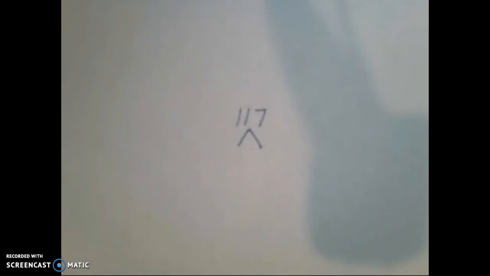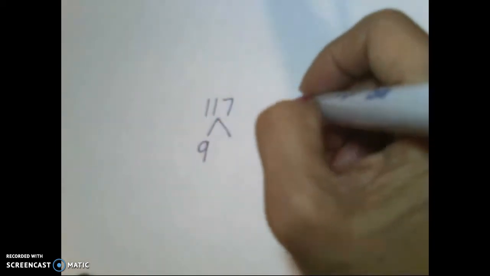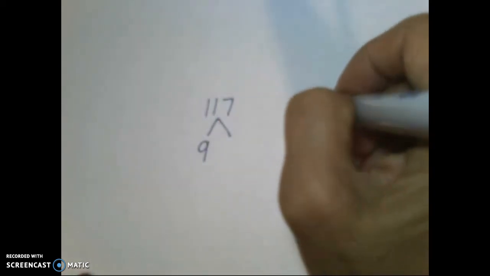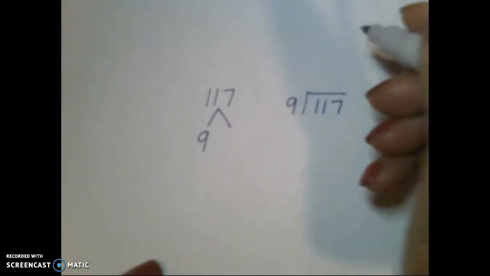It's telling you to factor, so that's your prime factor, your factor tree. I'm not really sure what numbers to use. I know that 9 is a perfect square. I can take off to the side and do my divisibility. So let's see if I can divide 117 by 9. I can just try it to test if it works.